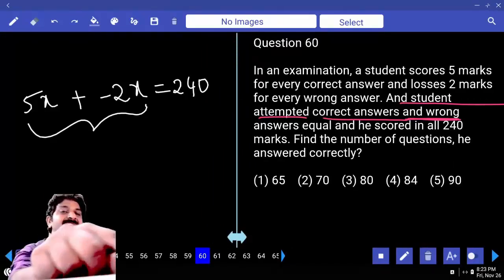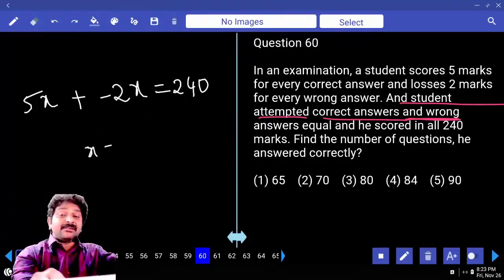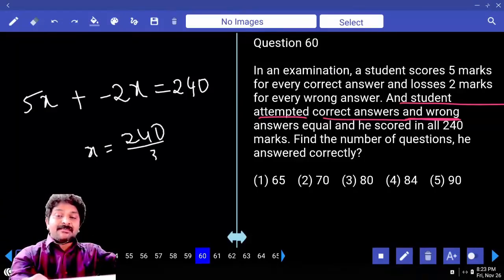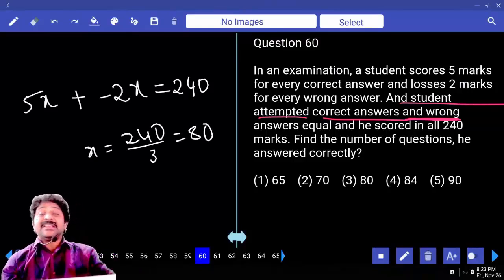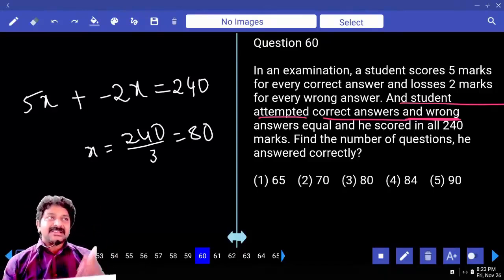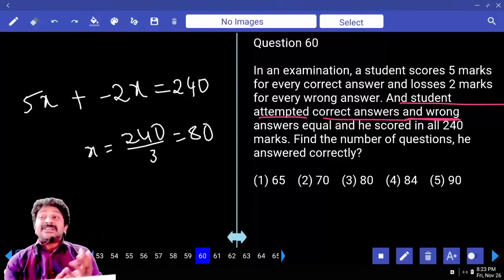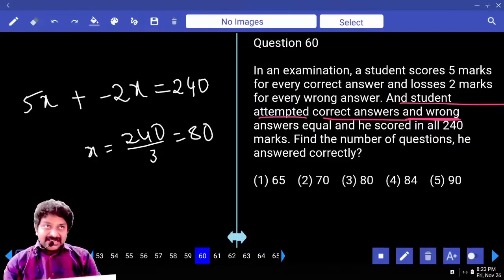How much is this left hand side value? 3x is equal to 240. Then x is equal to 240 divided by 3, which is 80. That means 80 questions were answered correctly, 80 questions were answered wrongly, and the total number of questions is 160.